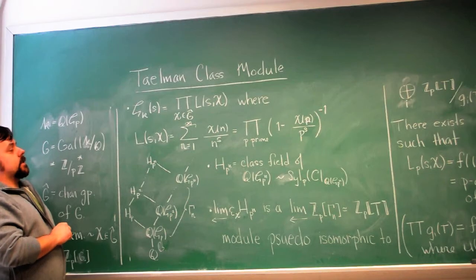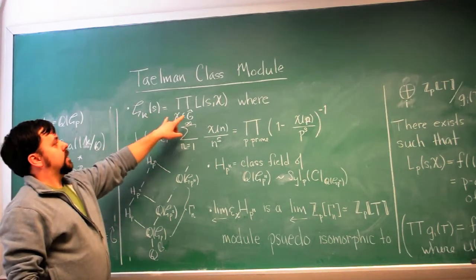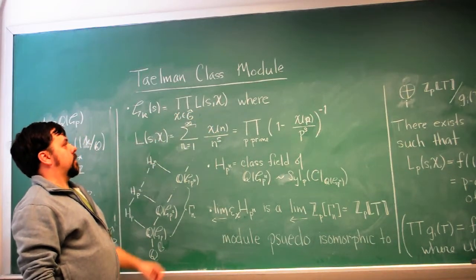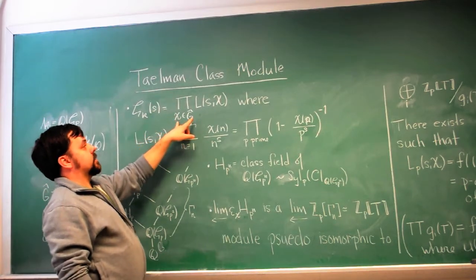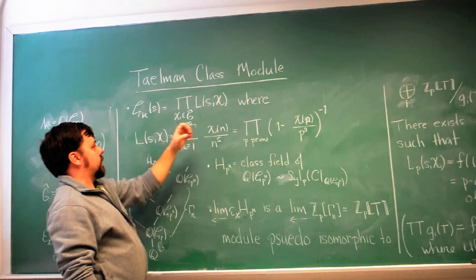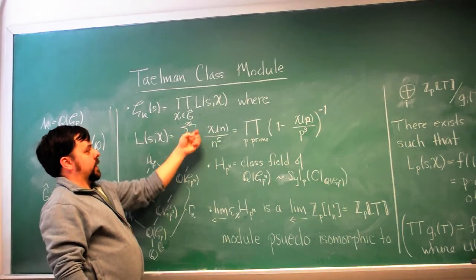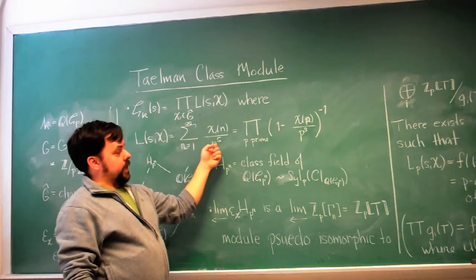So, speaking of Dedekind zeta functions, as it turns out, they factor into L functions. We have this identity here: zeta sub K of s is equal to the product over all chi in G hat of L(s, chi), and L(s, chi) is the Dirichlet L function, which we can define as the sum from n equals 1 to infinity of chi(n) divided by n to the s.